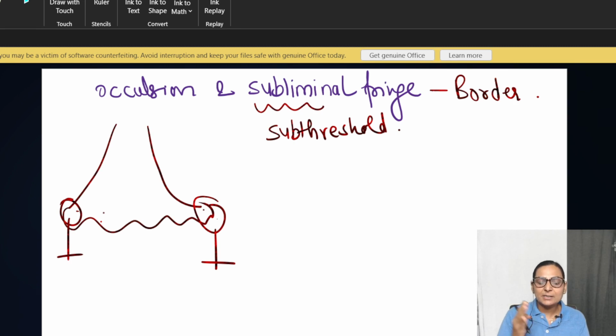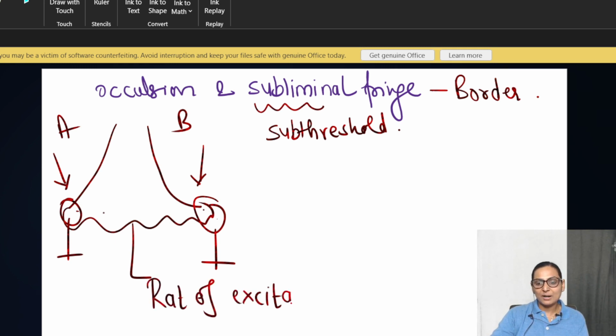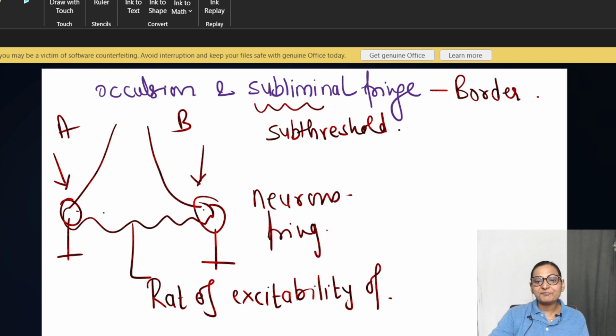So when I stimulate this neuron A or B, I am going to affect the rate of excitability of those neurons which are in the fringe of these two common neurons.